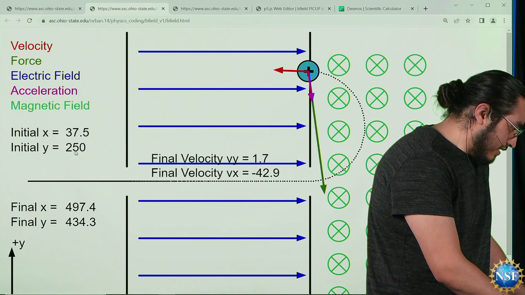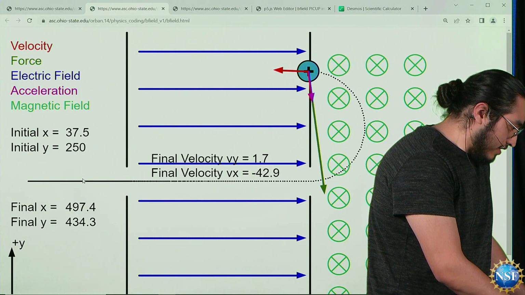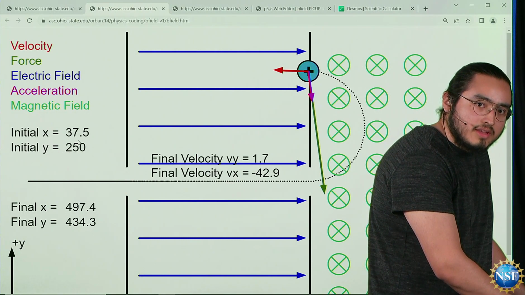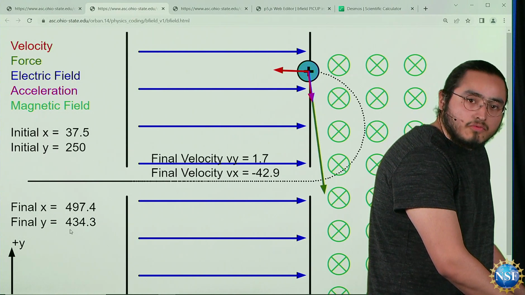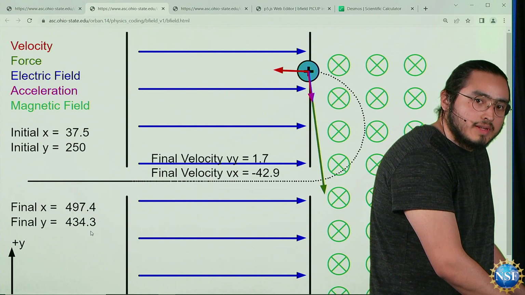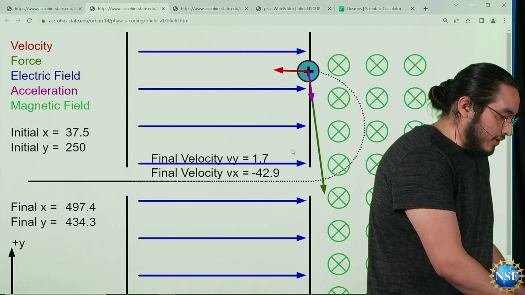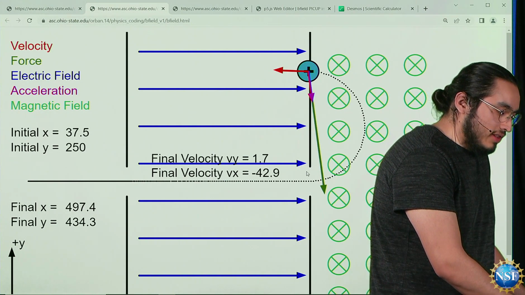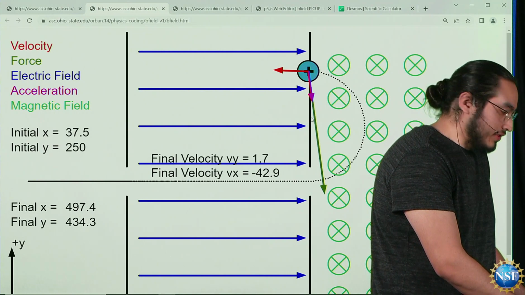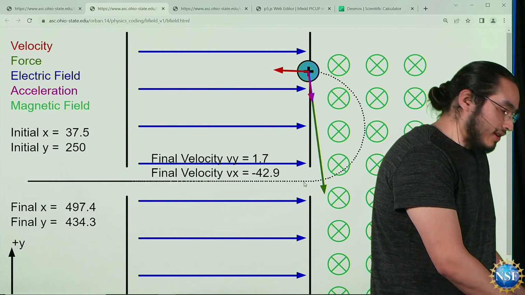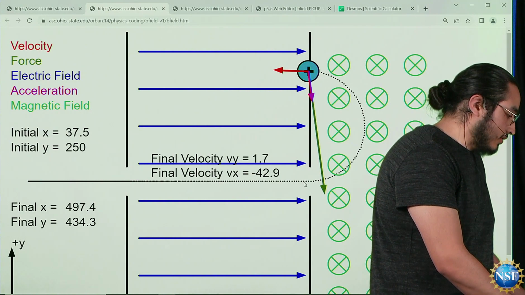So we start here in some initial position y, it's 250, and its final position ends at 434.3. And so if we subtract those values, we'll get the diameter of this circle, and then to get the radius, we would divide it by 2.